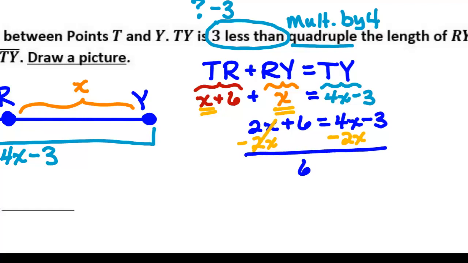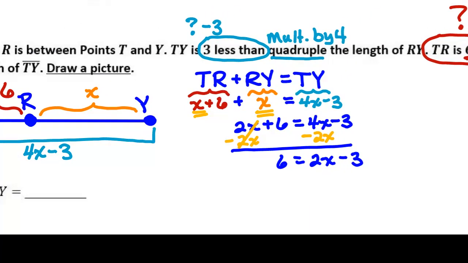That would give me 6 equals 2x minus 3. Then I'm going to add 3 to both sides. 6 plus 3 gives me 9 equals 2x.